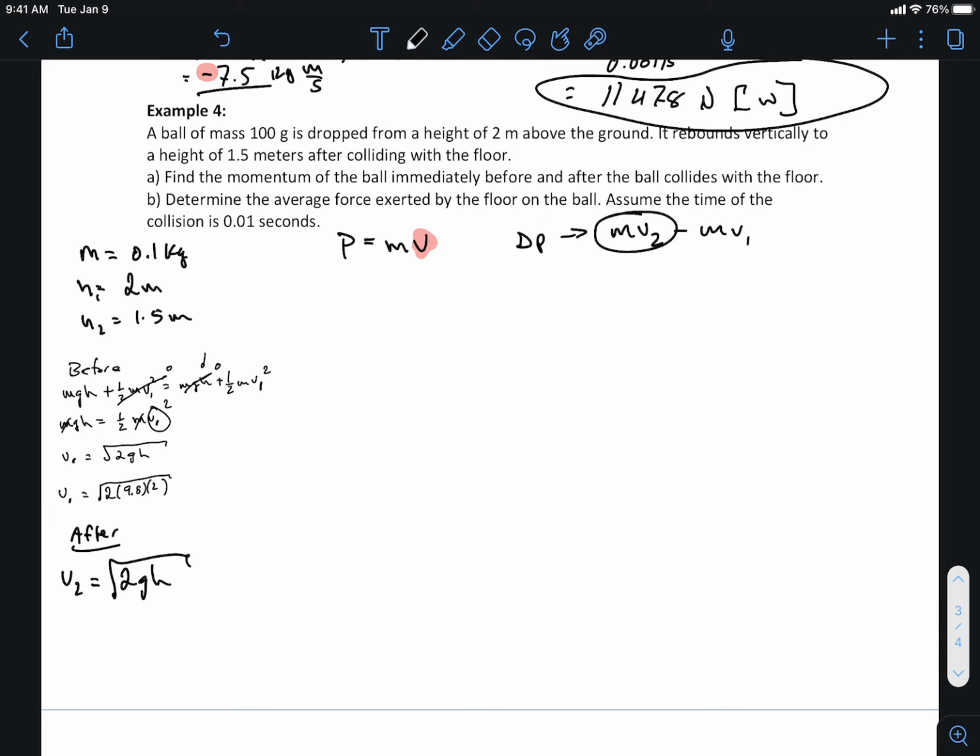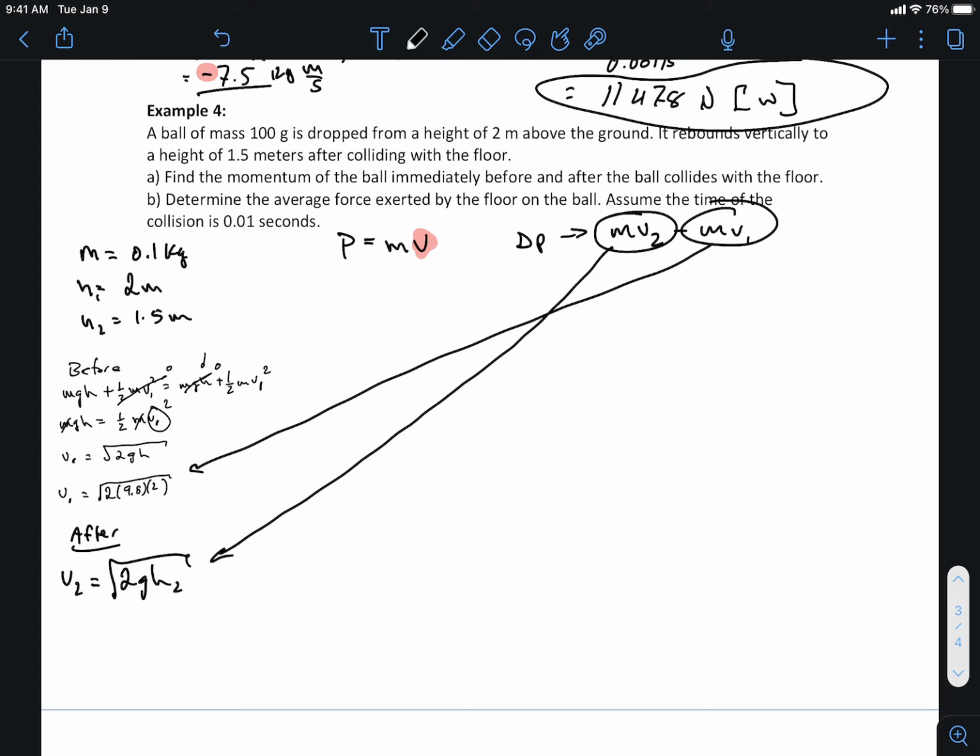And so this would be the velocity after, and this would be the velocity initial. And so I want this to go in there, and I want this one to go in here. So this would be H2. This would be H1. Okay. Anyway, that's why I'm doing this. Sorry.